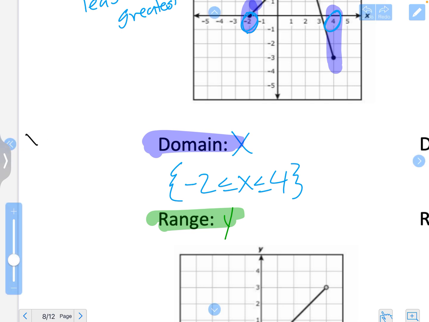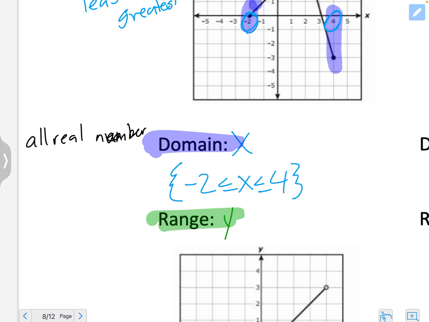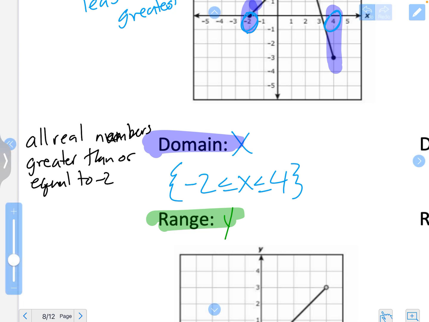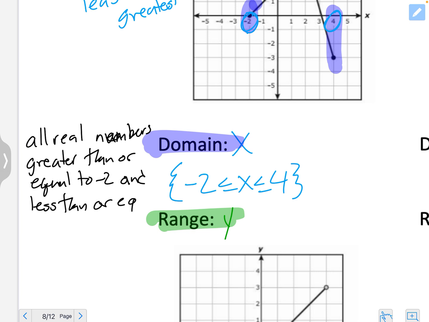But when we use words, we're going to say that the domain is all real numbers, because it can be any number that is real. Numbers greater than or equal to -2 and less than or equal to 4.